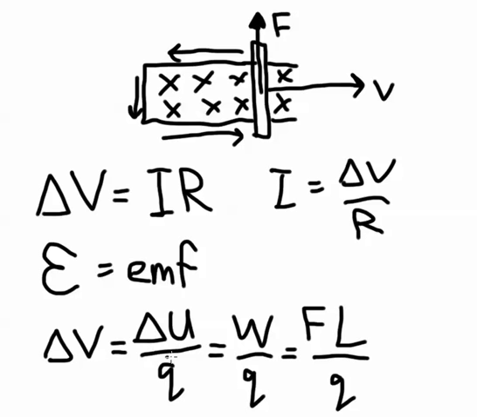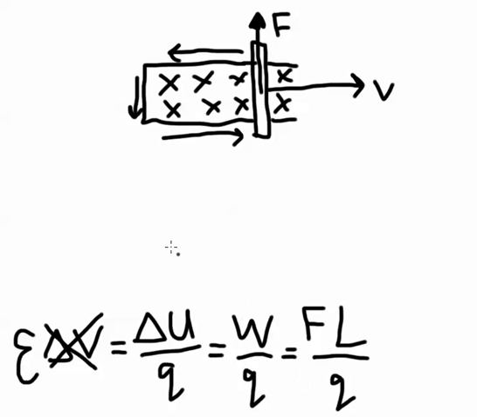So that tells us the potential difference, but really it's not the potential difference. Because it's a magnetic force, we call it the EMF. EMF is equal to the magnetic force times the length of the bar divided by the charge, whatever charge is going through the bar. So we know that the magnetic force is equal to the charge times the velocity of the bar times the magnetic field.